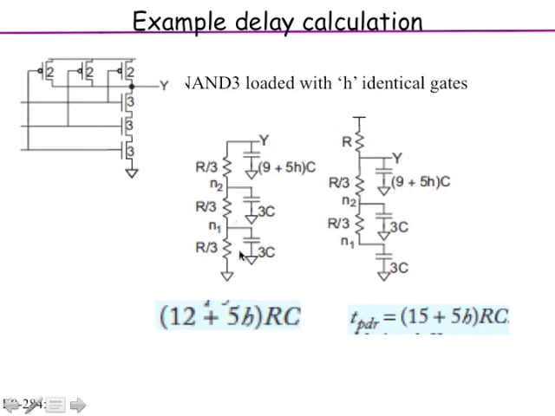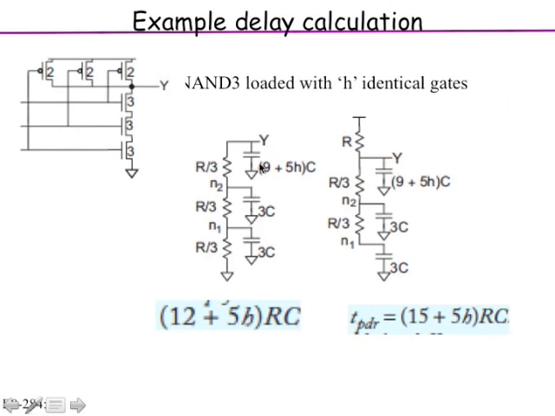So now if you look at this, let us apply Elmore. We want to find the delay for the pull down. That means from ground, because Y has to go to 0, which is why we are pulling it down. So from the ground node, what is the delay to Y? This is my RC tree.